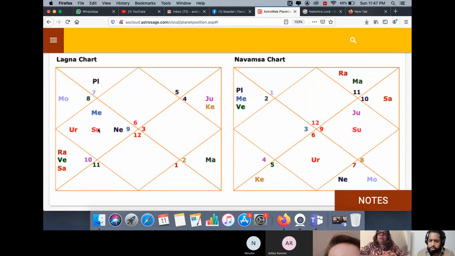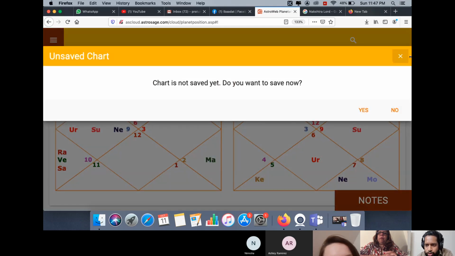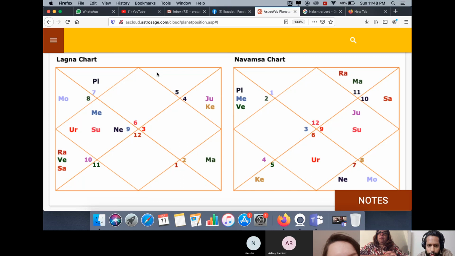Yes, the reason I chose the 12th house is that Sun in this chart naturally rules the 12th house, because Leo is falling in the 12th house, and Sun is the ruler of Leo. The 12th house represents hospitals. The 12th house represents hotels also.